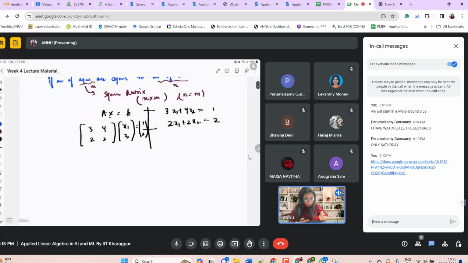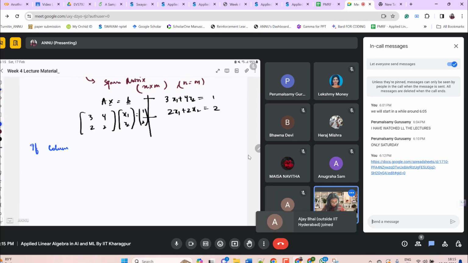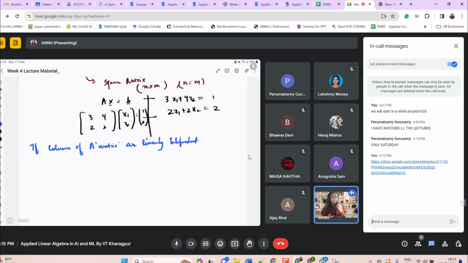On top of it, if the columns of the A matrix are linearly independent, then we try to solve this equation using some minimal computation, and then we do LU form and then QR decomposition.